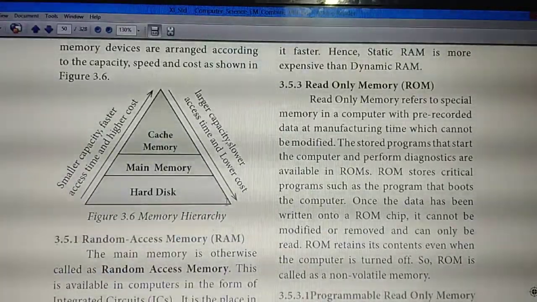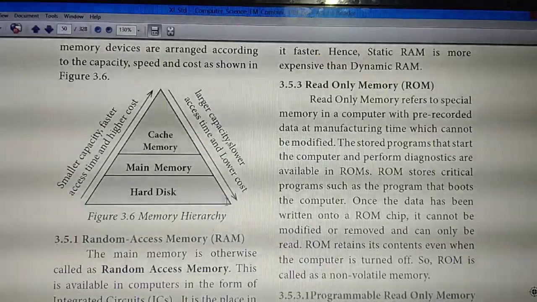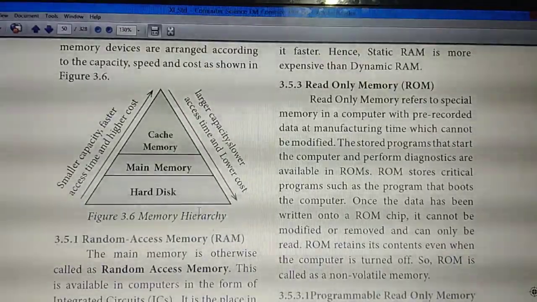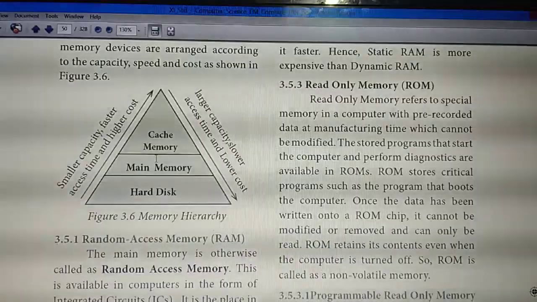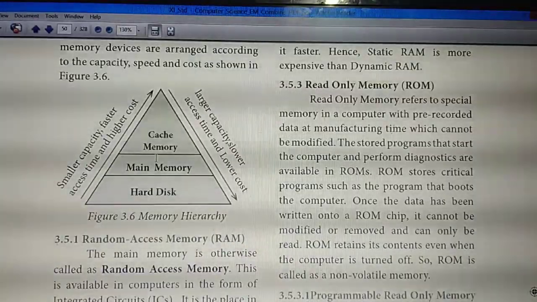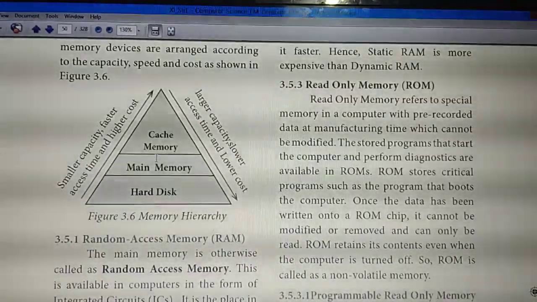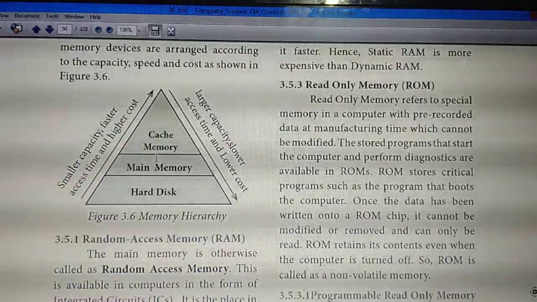This diagram is very, very important. This question also very, very important. This diagram also you should try. So I will mark.